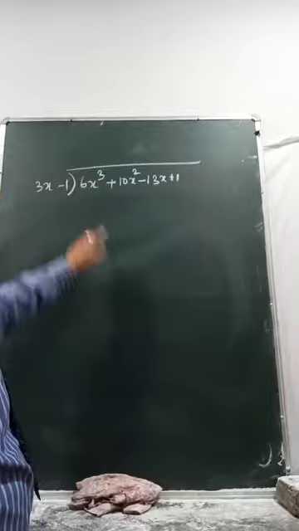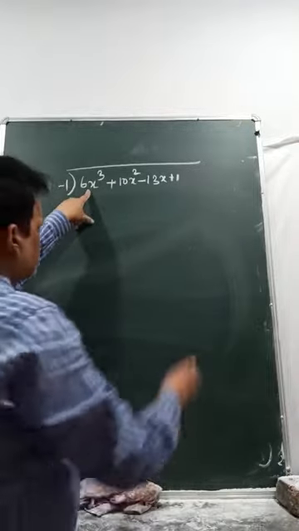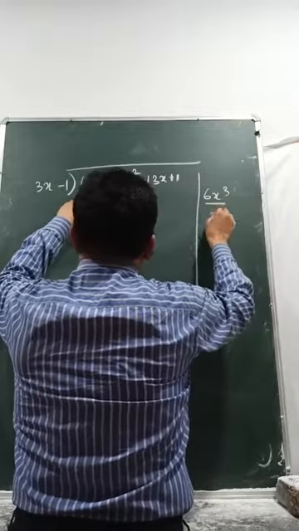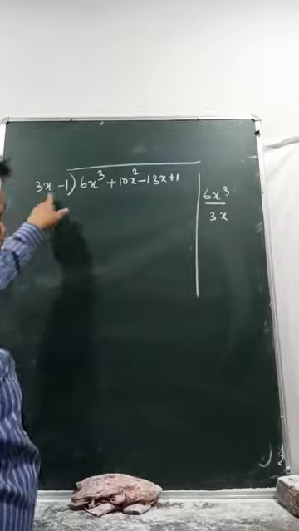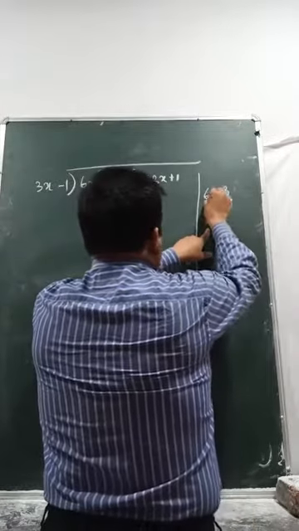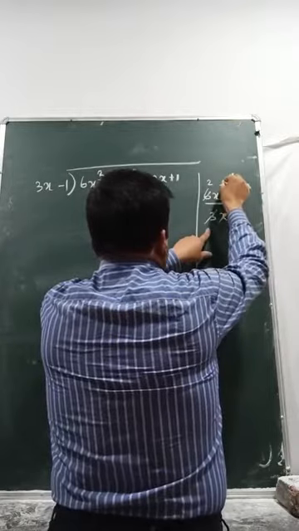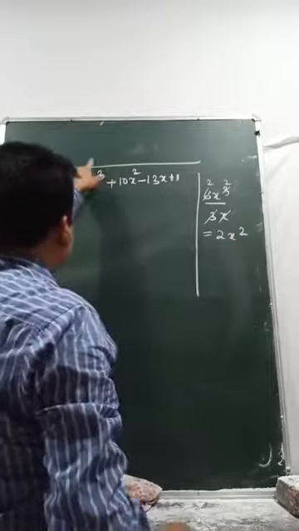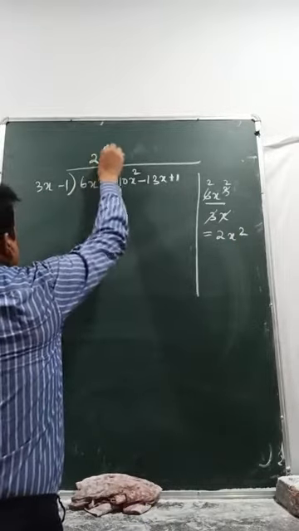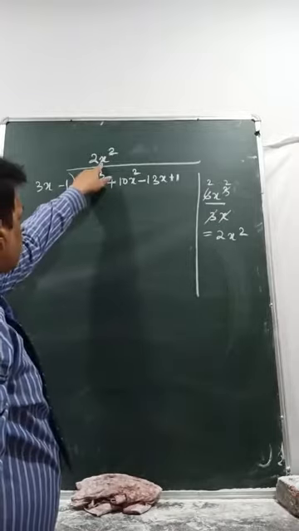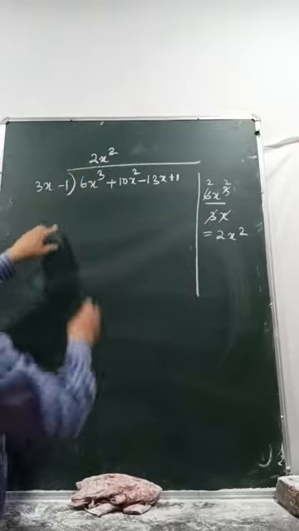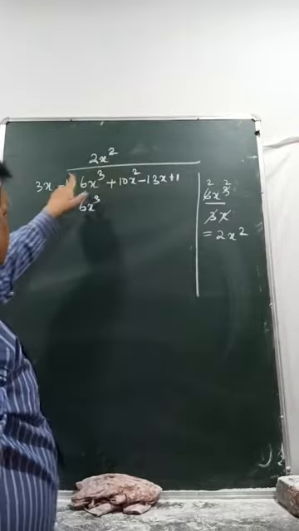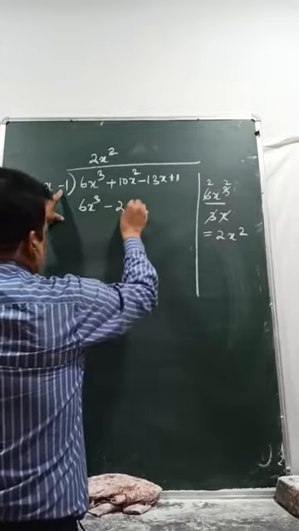To get the first term, divide 6x cube by 3x, first term by first term. That gives 2x square, so I put 2x square here. Multiply 2x square by 3x, 6x cube, then 2x square times minus 1, minus 2x square.